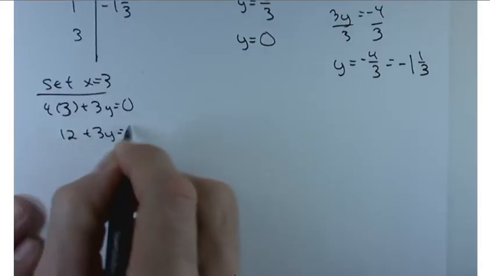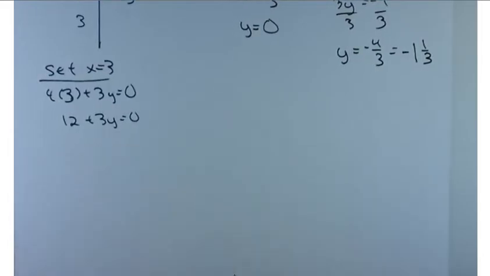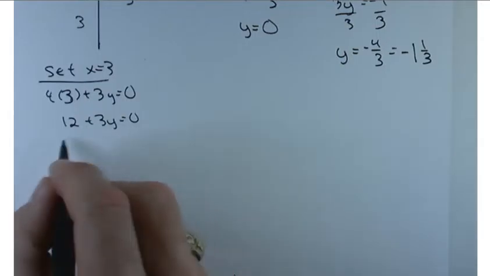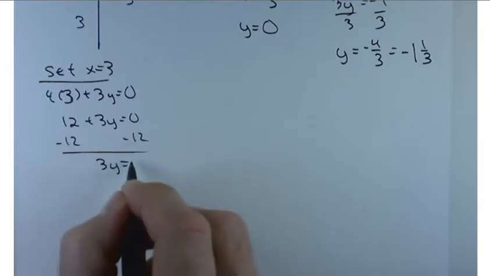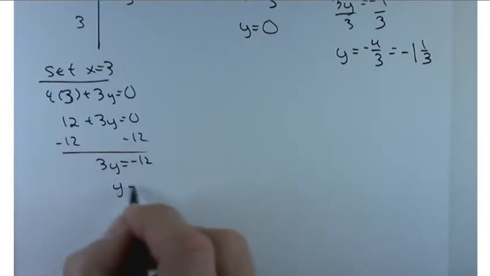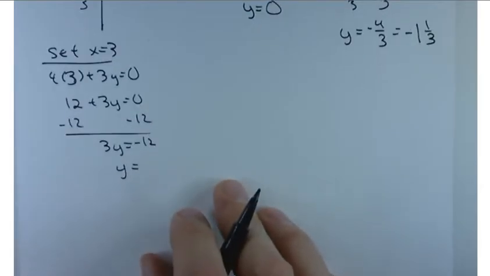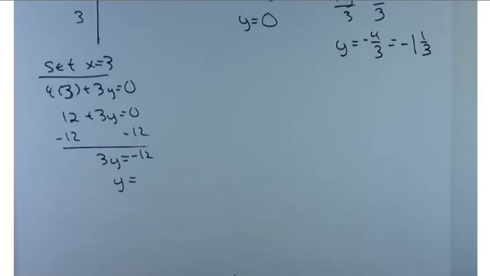At least this time I'm going to avoid fractions by a somewhat clever choice of x. Now you don't have to avoid the fractions. That's okay. Fractions are numbers too. But if you can, it's going to make your life easier. What does y equal in this case? Negative 4.